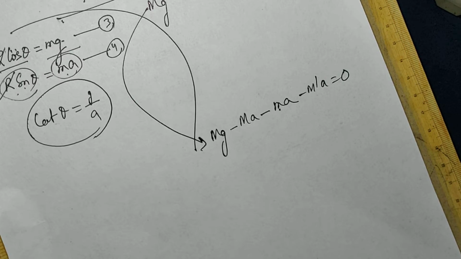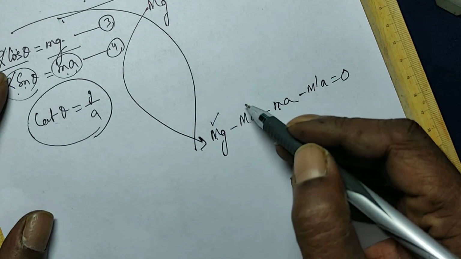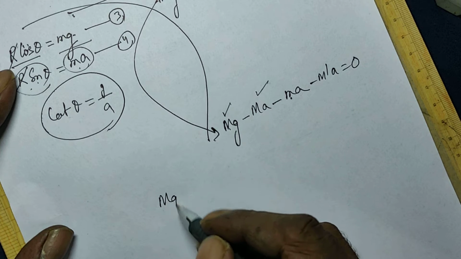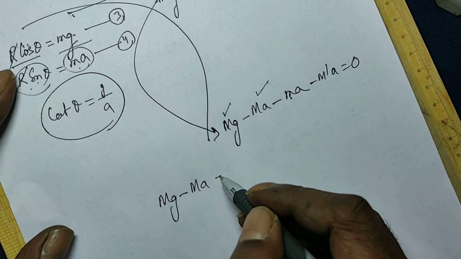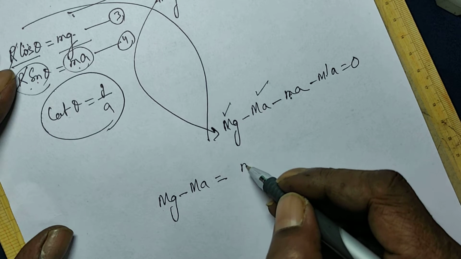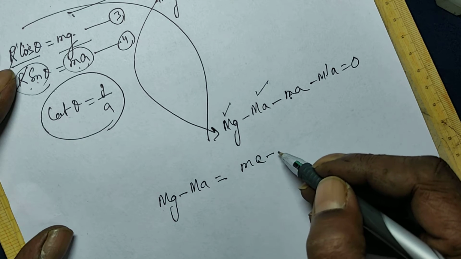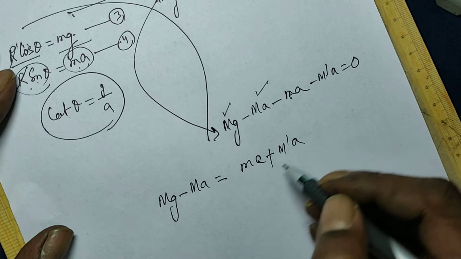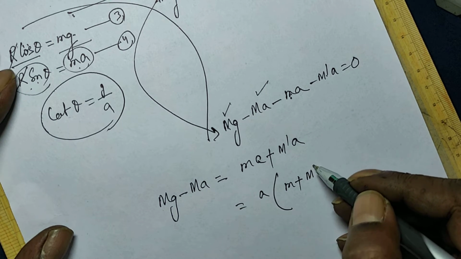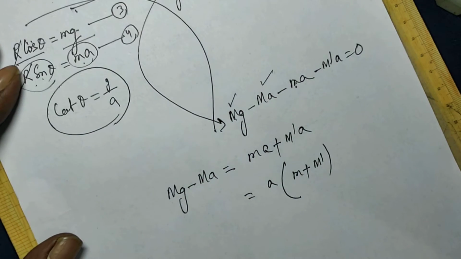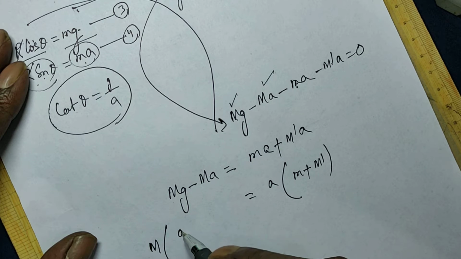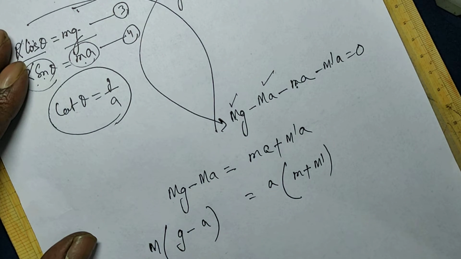So the terms containing m here and here, I keep on one side, that is mg minus ma. The rest two terms I take to the other side, so both become positive, ma plus m dash a, and if you take a common, we are left with m plus m dash within bracket. Now if you take m common here, we are left with g minus a.